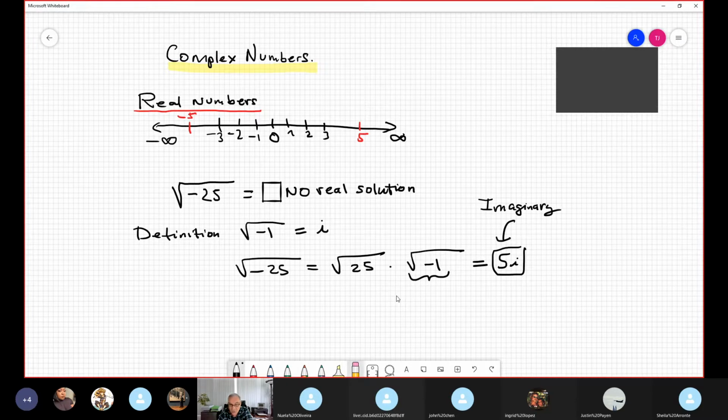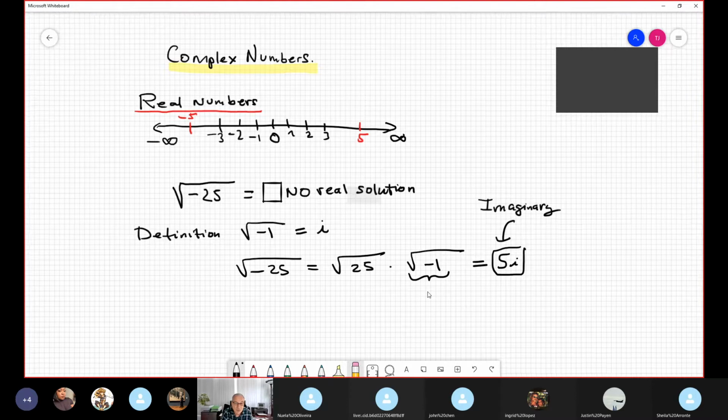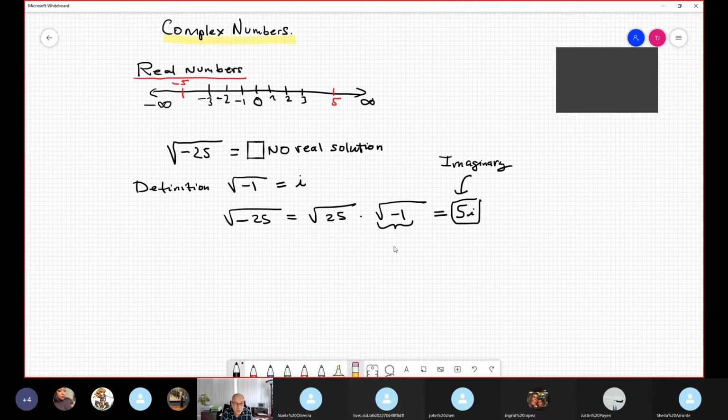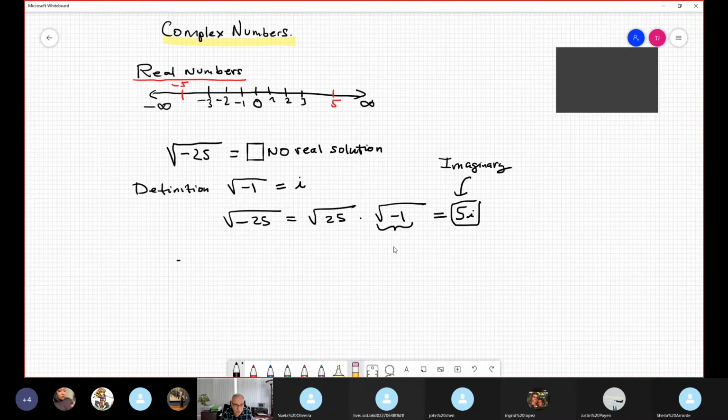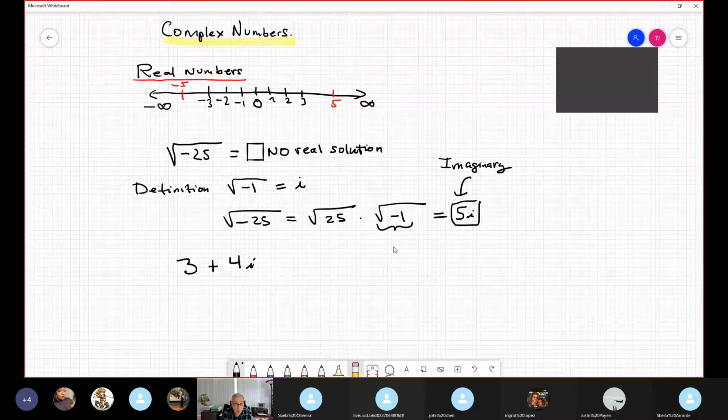That is, it's not on this line, but it's on another line, the imaginary line. And the combination we most frequently work with is real and imaginary together. Suppose 3 plus 4i, in which we have one complex number.